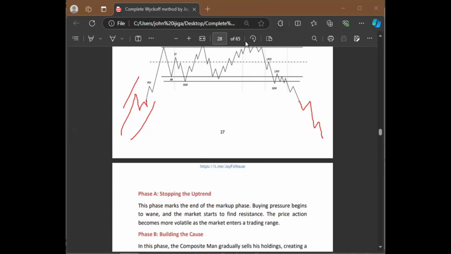Okay, so the ICT method of accumulation, manipulation, and distribution is something that came out, but the Wyckoff has been existing long before that. Okay, so you should understand that the process of the ICT accumulation, manipulation, and distribution would also be influenced by the Wyckoff method.